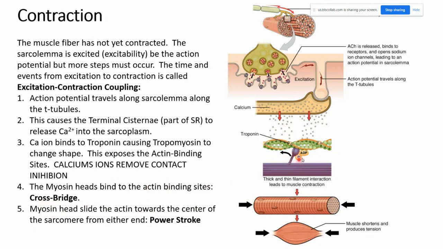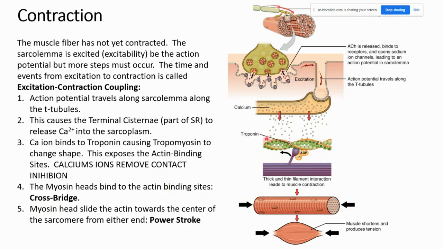So the whole point is our muscles are not able to contract because myosin cannot normally bind to actin because of the contact inhibition of troponin and tropomyosin. And that's a good thing. If not, our muscles would be contracted all the time and we wouldn't be able to relax them.